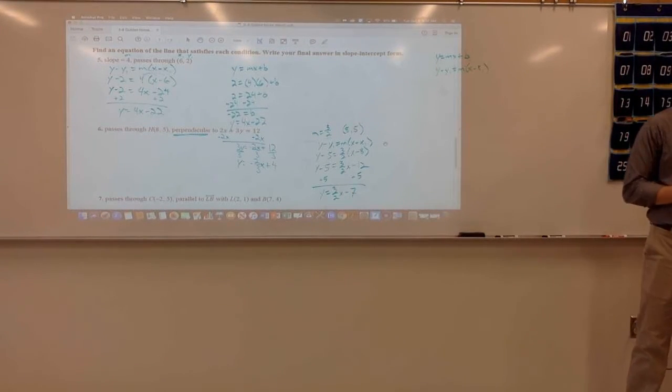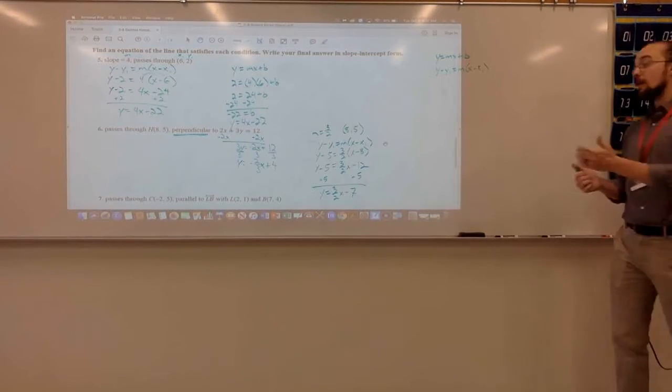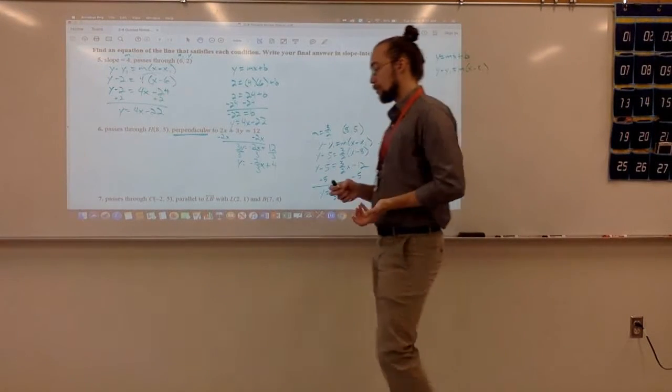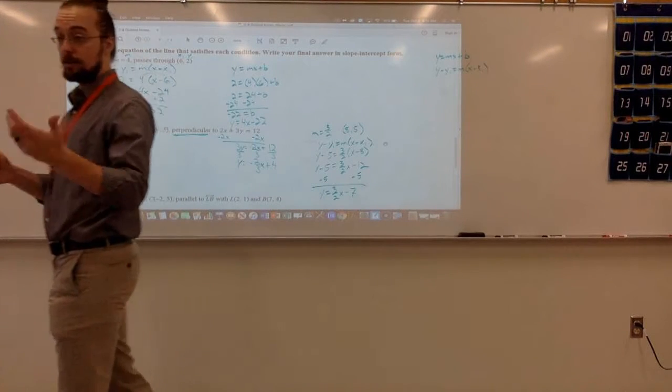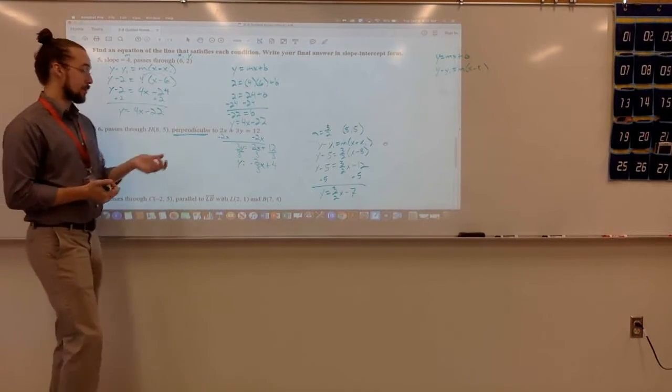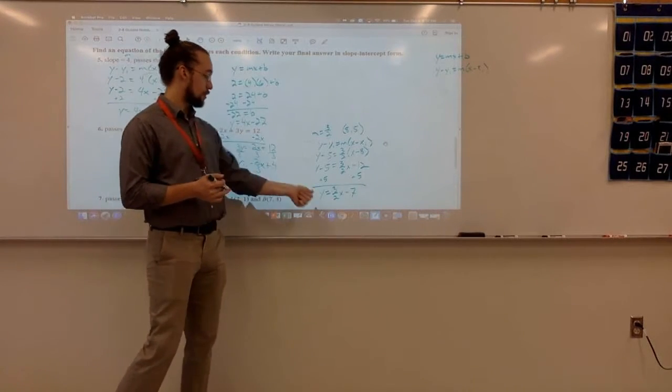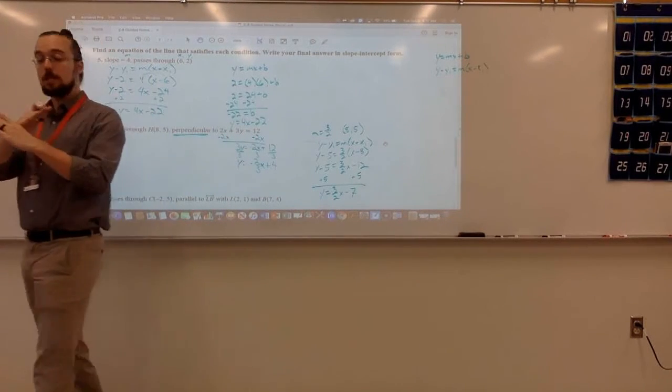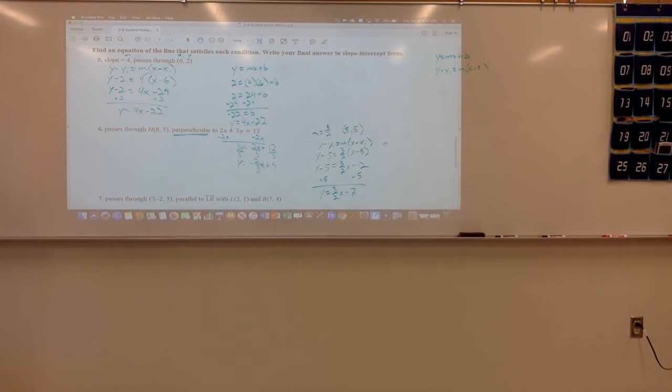You okay with that one? Now, when we take a test on this stuff, even on the AIR test, since you have access to Desmos, it would definitely be a good idea to graph both of these and see that they are perpendicular, just to double check yourself real quick.